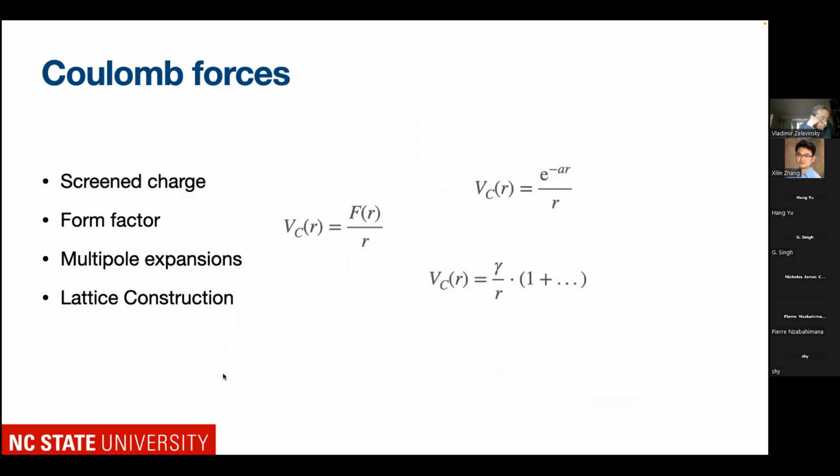There are also all different kinds of Coulomb force in nuclear physics. The general rule for treating this, in our view, is to treat these terms perturbatively, because it has a nice relation to lattice constructions, and we think this is the way to go.